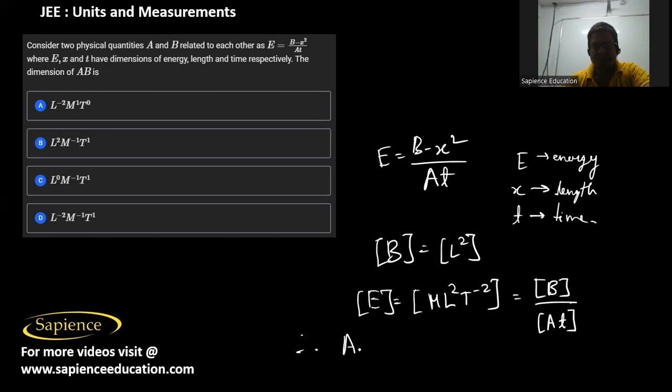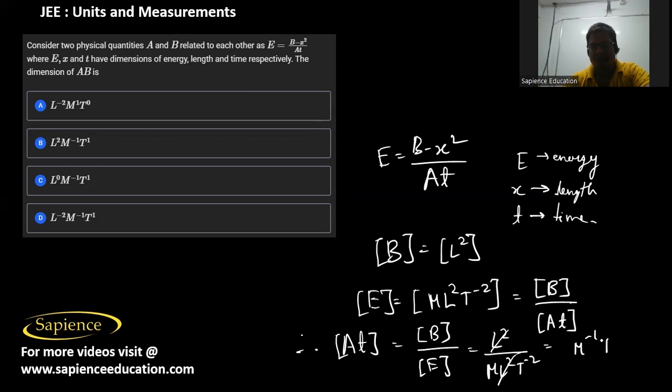Therefore, the dimensional formula for A into T will be equal to dimension formula of B by dimension formula of E. That will be L square divided by ML square T power minus 2. So this will be equal to M power minus 1 T square.